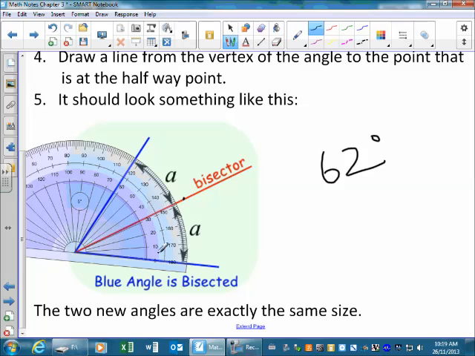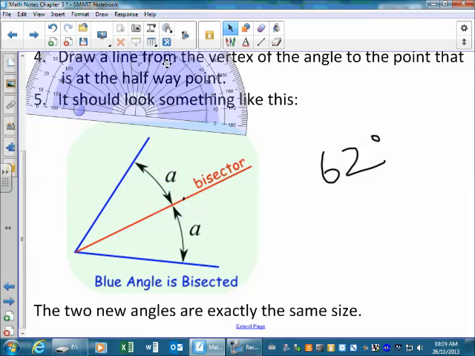And then you draw a line. I'm going to cheat a little bit again. Get this protractor out of the way. And we're going to draw a line from right there to that point right there. Just like that.